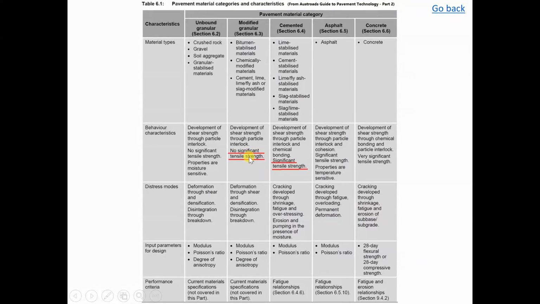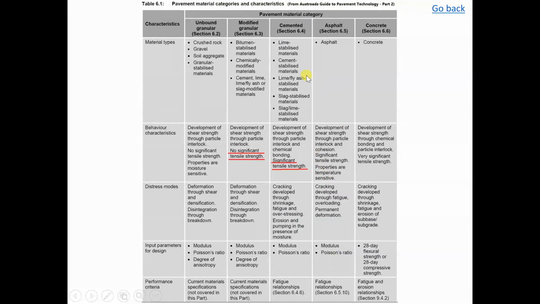So we don't consider any tensile failure for the modified granular section. Even though we add something, there might be some cement, we consider tensile cracking only for the cemented section, not the modified section.